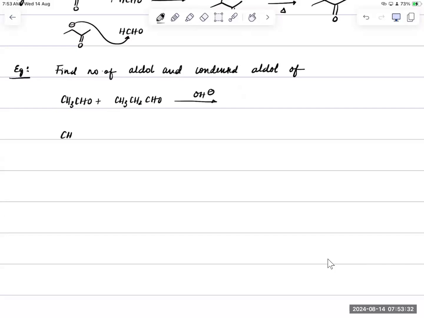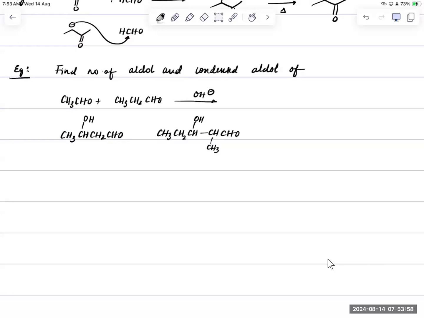First, write the structure the way it is, CH3. Then this CHO, you convert it like an alcohol. And then add the next CH2 again and put CHO. That's it. This is self. Same way CH3, CH2, then CH, put this as CHO, and then CH3CHO.